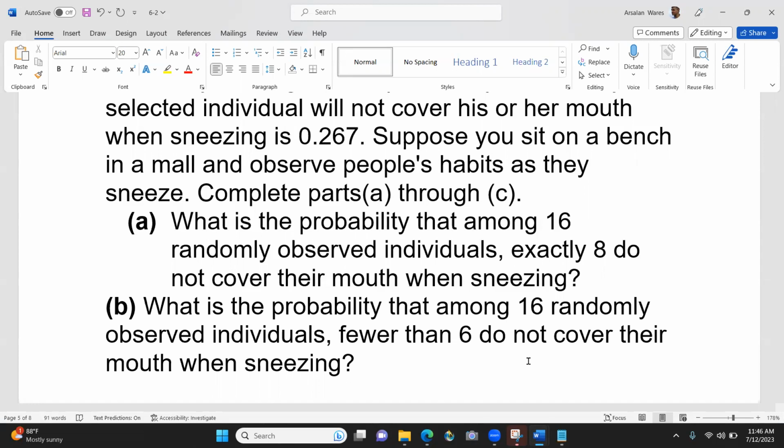What's the probability that among randomly chosen fewer than 6 do not cover? Fewer than 6 means strictly fewer than 6. So one don't cover, two, three, four, five. Okay. So let's find, and you have to do the 0 too. Don't forget the zero case.